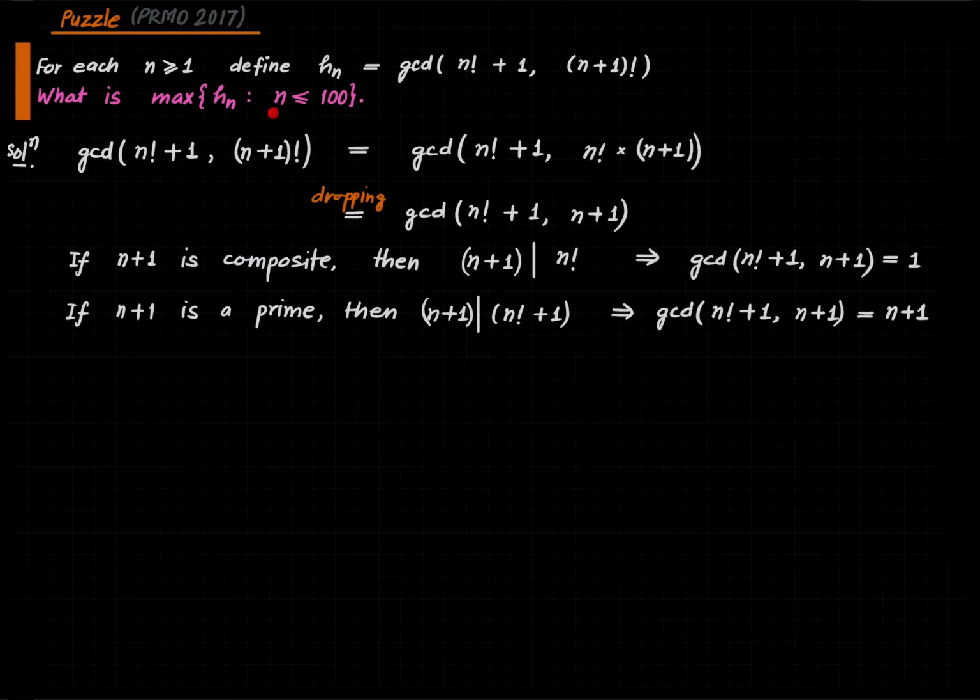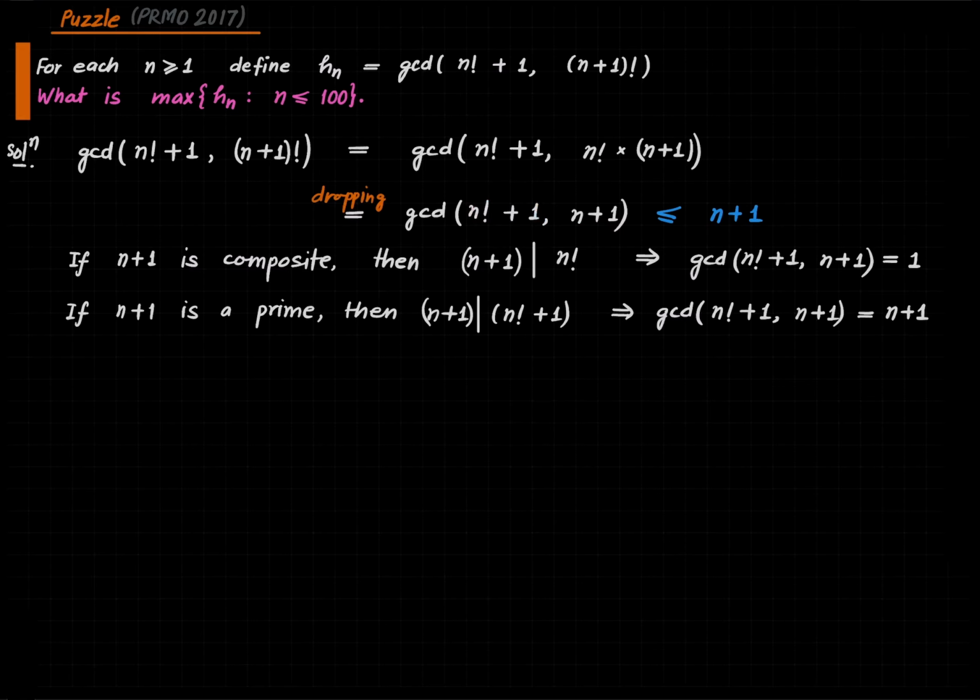And what is the largest n for which n plus 1 is a prime? Well, 100 is one such number. 101 is a prime. So if you just take n as 100, you get the GCD is 101. And you cannot go beyond that, because the GCD of something comma n plus 1 is going to be at most n plus 1.